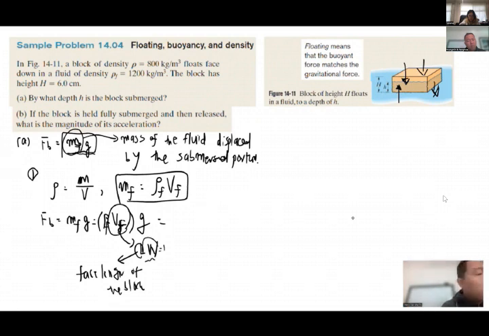So if you place it, that is rho_f L W h g.